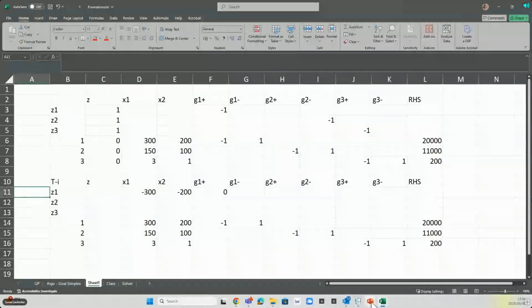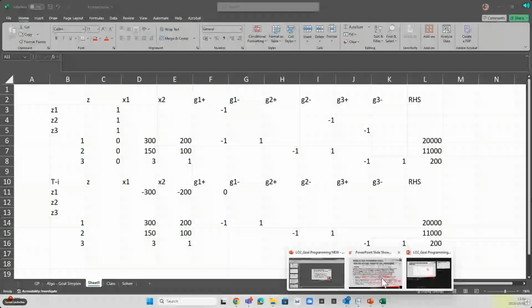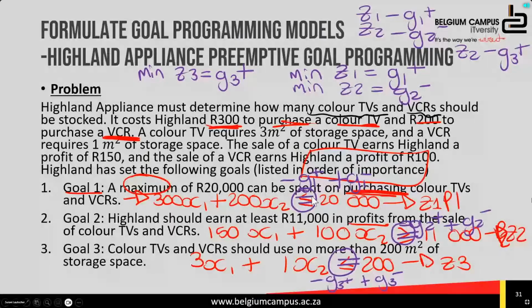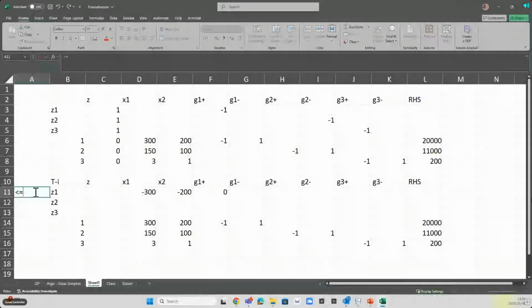So I'm just quickly going to go back to the slide. The first one, when we set it up as a constraint, it was less than or equals to, right? Second goal, greater than or equals to. Third goal, less than or equals to. So please take note where I'm getting this. Got it. Those come from the original constraints, the original setting up.